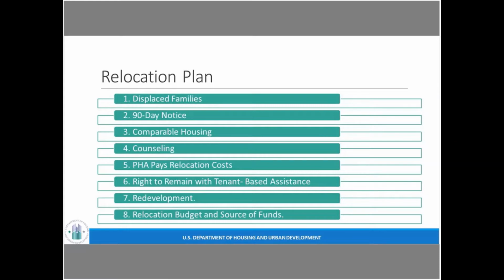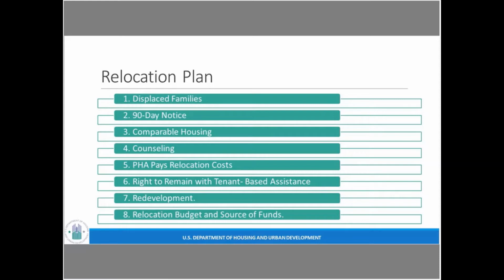And then if the family is being offered tenant-based assistance, those families are also entitled to the PHA paying their moving expenses because, again, they're being displaced from the public housing program and they need to be fully protected in terms of the ability to use the tenant-based assistance.